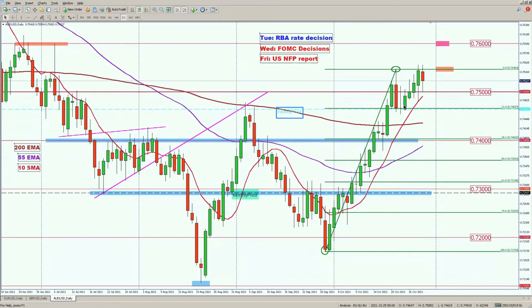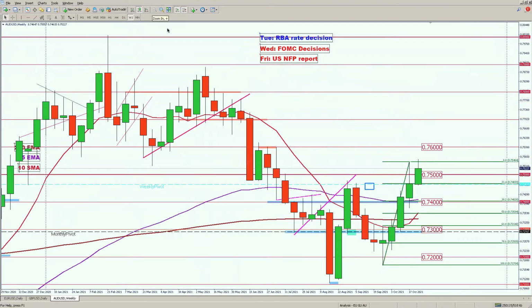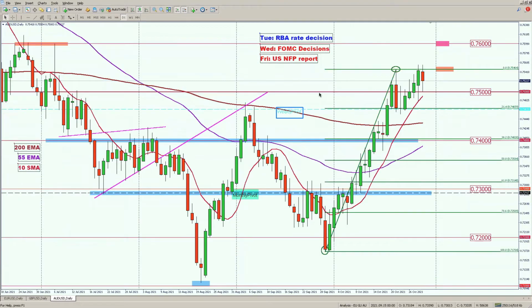So it continued to climb up throughout the week. Let's take a look at the weekly time frame, and you can see that it closed bullish inside the upper wick of the previous week. Tested the highs, but could not break out. That's just waiting for the RBA this week.